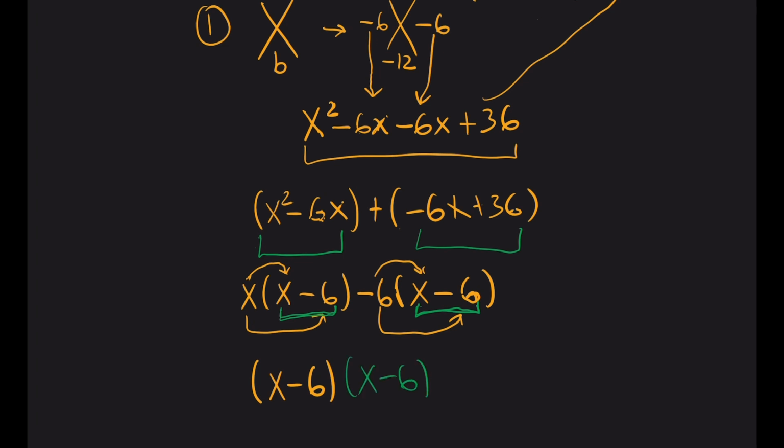And this x minus 6 right here will be the other factor down here, right? So my answer is x minus 6 times x minus 6, or you can rewrite that as x minus 6 squared.